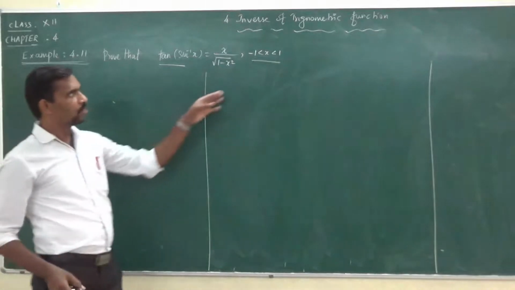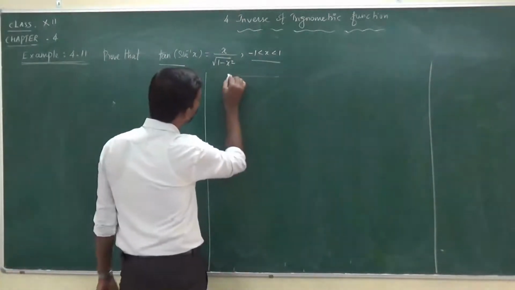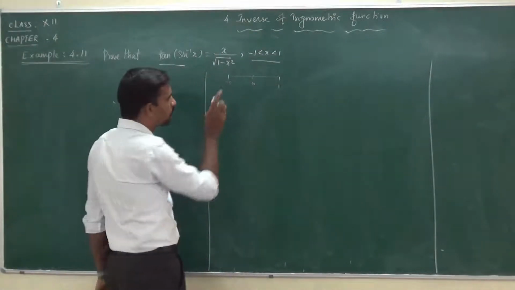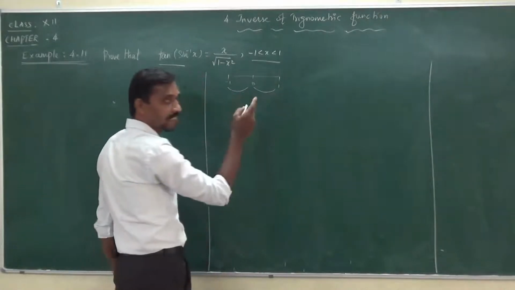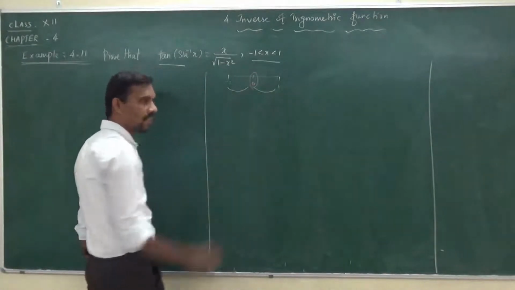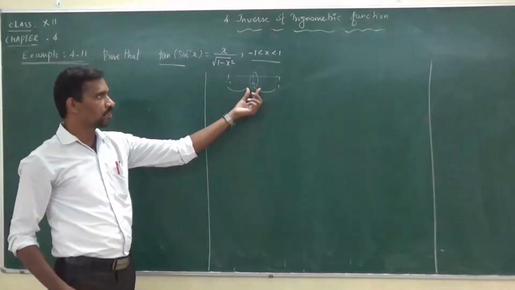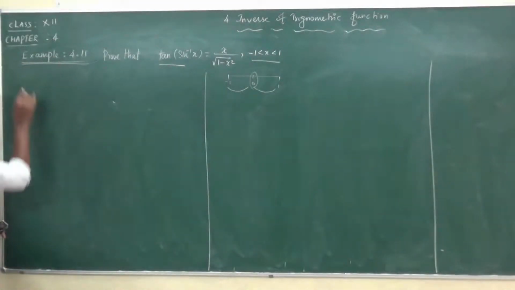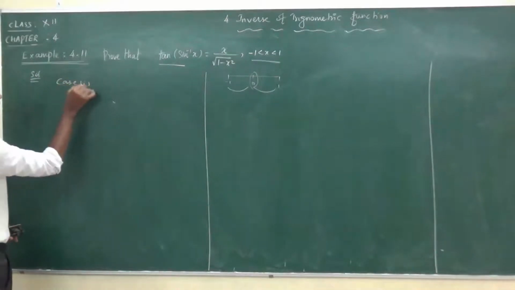So I am going to take 3 cases: minus 1 to 0 is one interval, 0 to 1 is another interval, and exactly 0 is the third case.